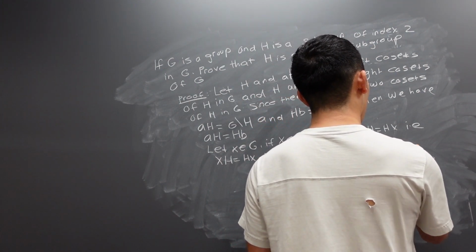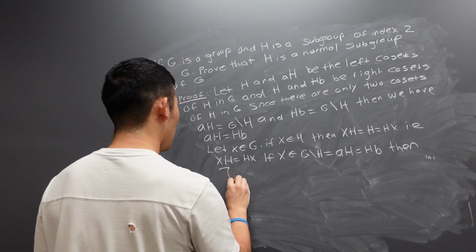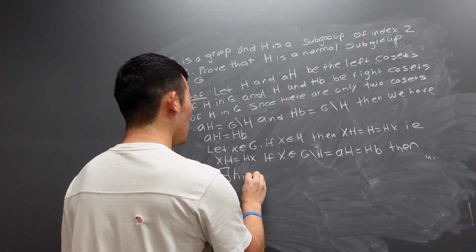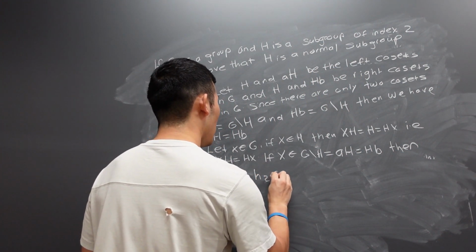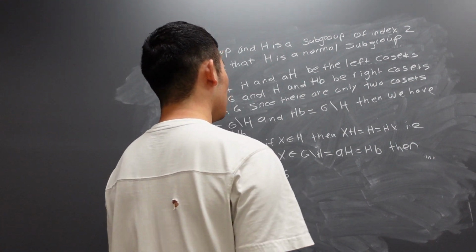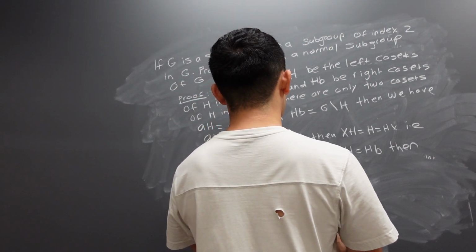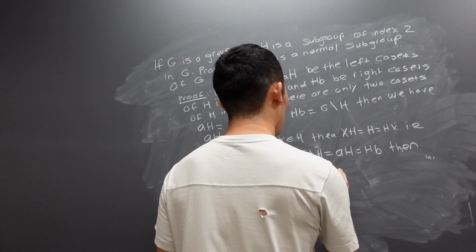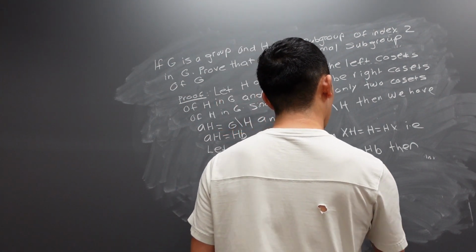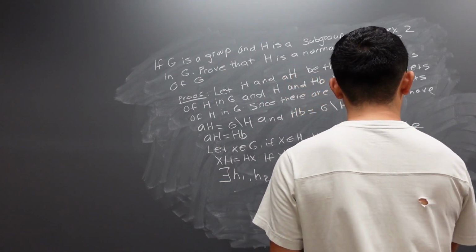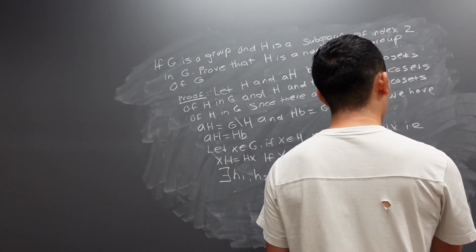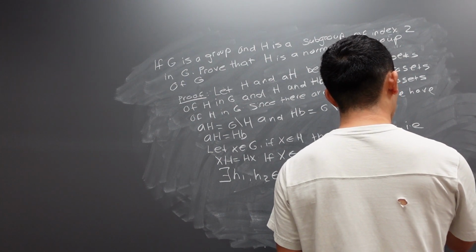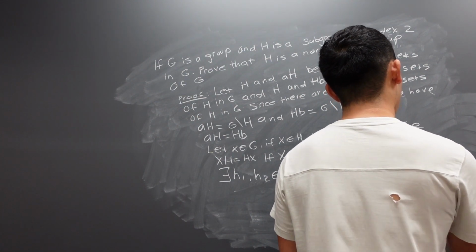Hb, then there exist h1 and h2 inside H such that x is equal to ah1 equal to h2b.